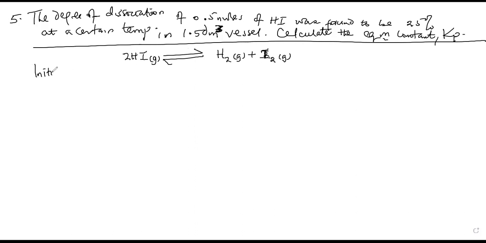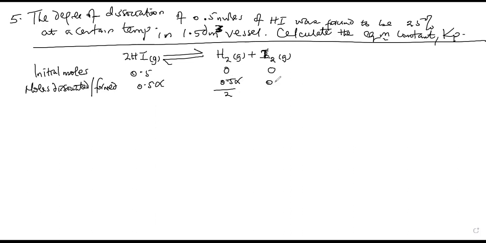Initial moles: 0.5 here, 0, 0 initially. Then moles dissociated or formed: it should be 0.5 times the degree of dissociation, then these ones will be 0.5 alpha over 2, 0.5 alpha over 2.